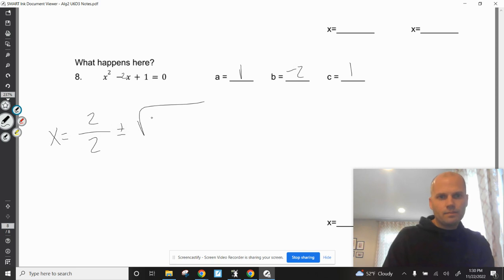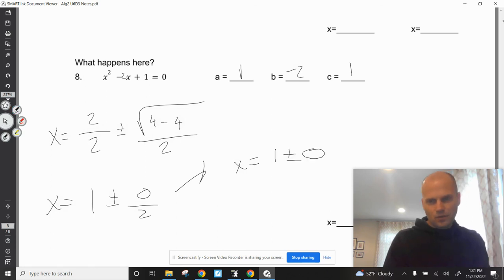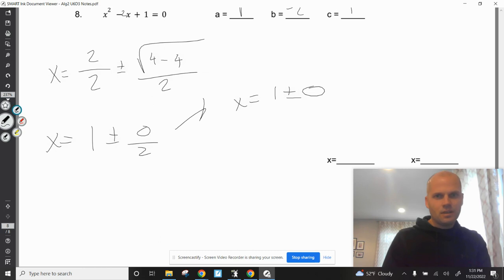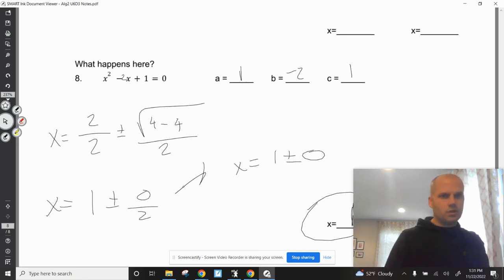B squared, negative 2 squared, is 4. 4 times 1 times 1 is 4, all over 2A. Here, I get 0, which means x equals 1 plus or minus 0. Well, if I'm adding and subtracting 0, that means your only answer is 1. I wanted to show you those two situations.